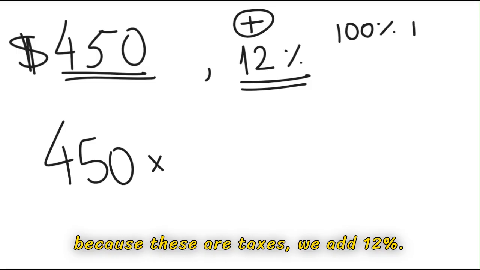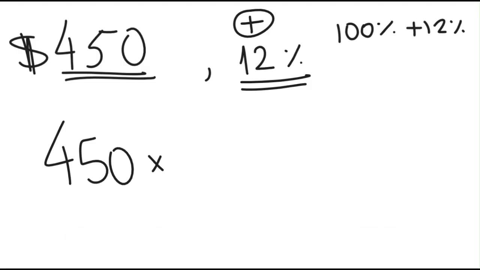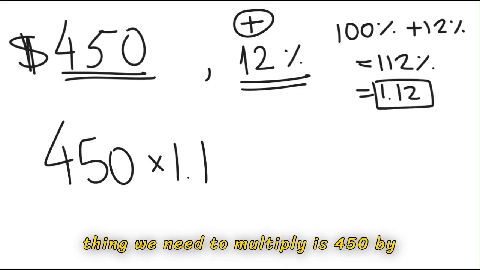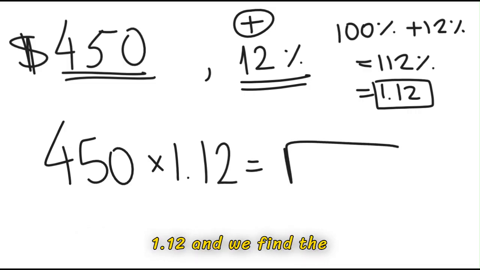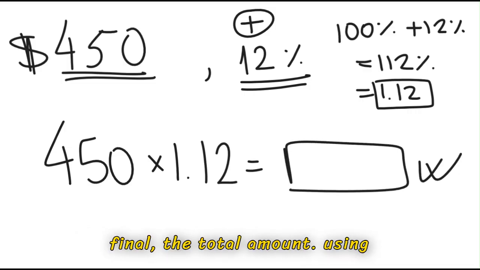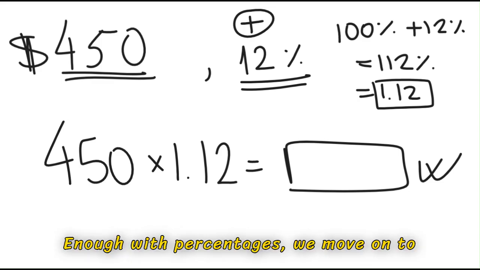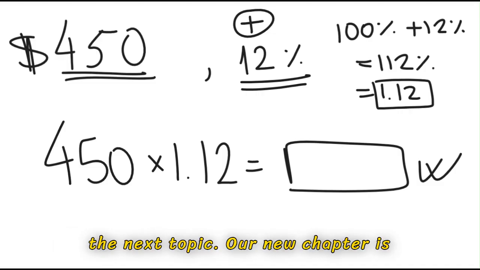Because these are taxes, we add 12%. So that will be 112%. And then as a decimal number, it's 1.12. The only thing we need to multiply is 450 by 1.12, and we find the total amount using something that's called multipliers. Enough with percentages, we move on to the next topic.